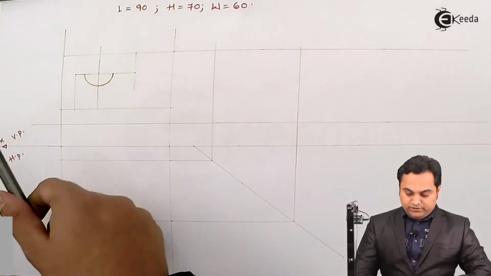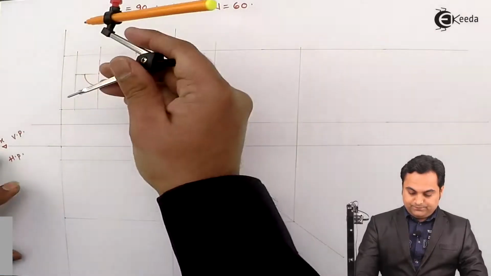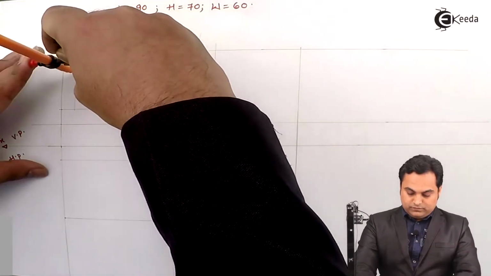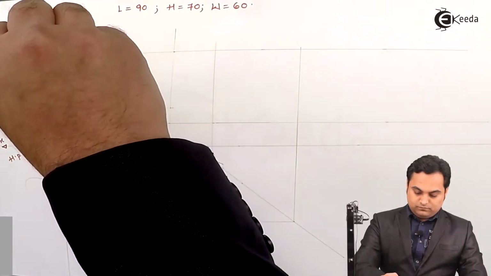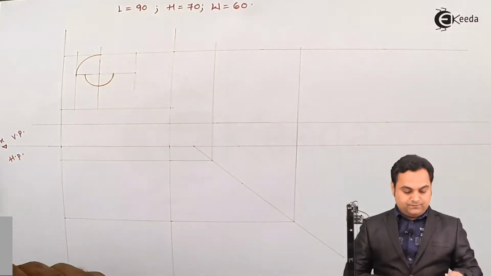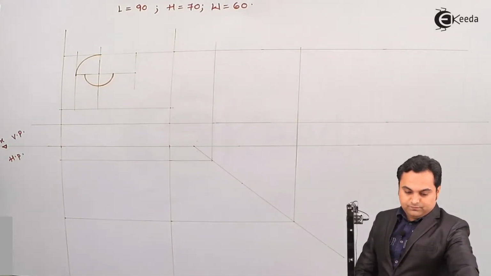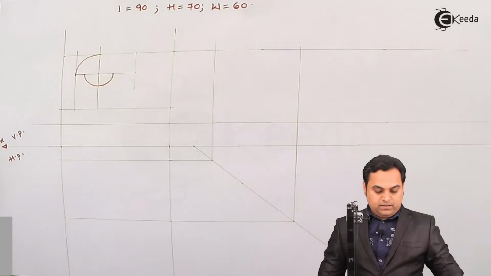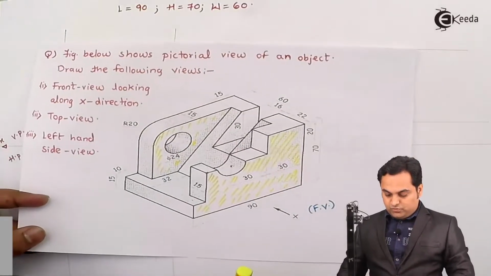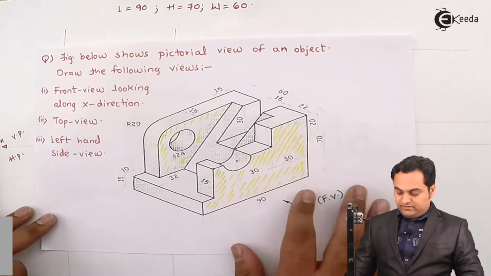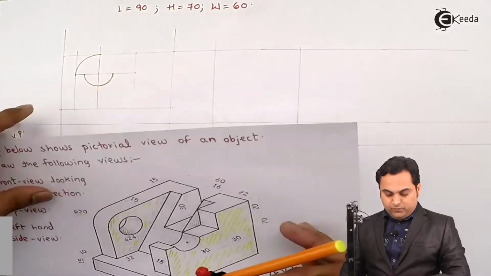So now what I'll do here is, keeping this center, and here is the radius, I'll draw this quarter circle. Now, after reaching up till here, behind this surface, which was here at the front, there is a circle which would be visible from the front view.